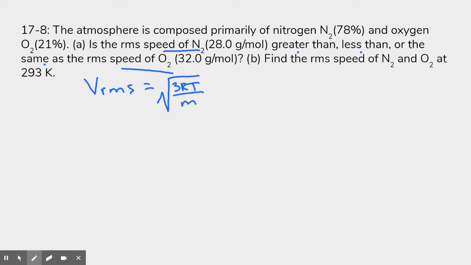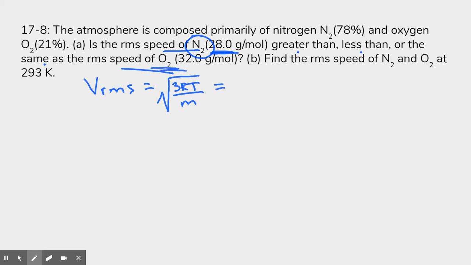However, this nitrogen molecule, N2, is just a little bit lighter than the oxygen molecule. So if they have the same energy, then that must mean that the speed of this lighter molecule is greater than the speed of this heavier molecule.